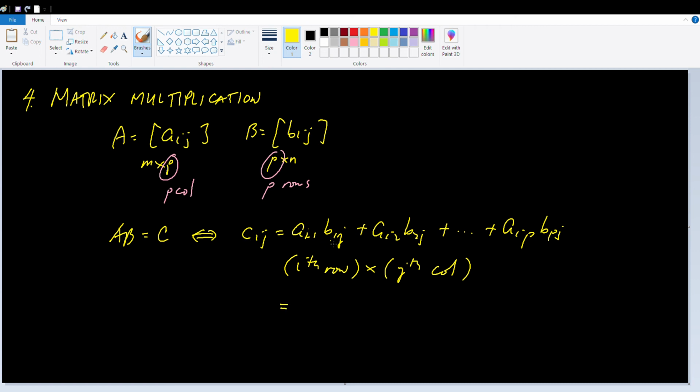In a more compact form, Cij is equal to the sum of AiK, using the index K, BKj, where K runs from 1 up to P.